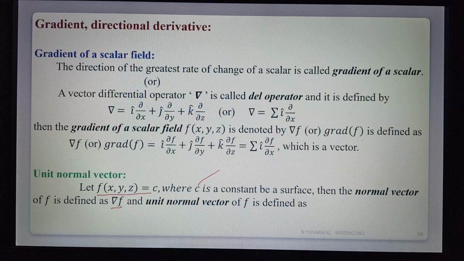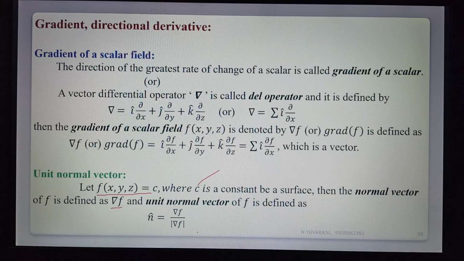The gradient of the given surface is called the normal vector, and the unit normal is n cap equals del f by mod del f.